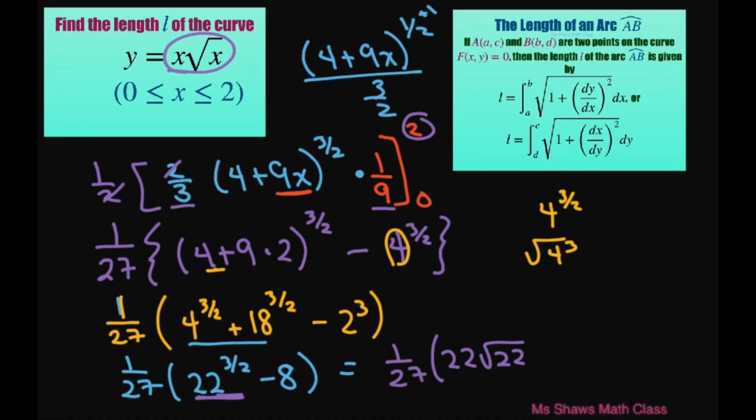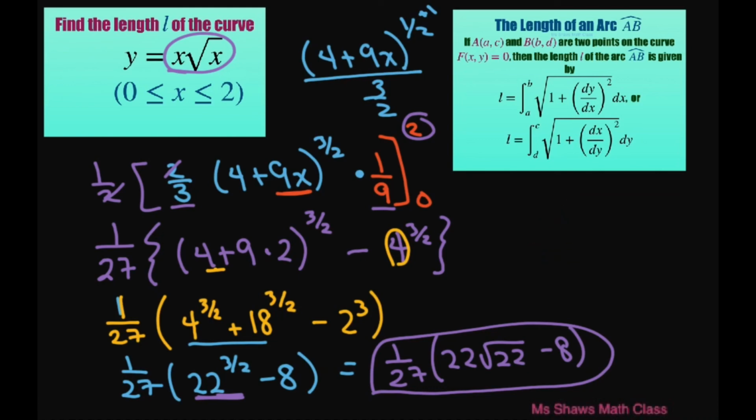All right, and then minus 8. And if you want, this is a good answer here. If you want, you can pull out 2 that's common to both of these. And you could write this as 2 divided by 27 times 11 square root of 22 minus 4.